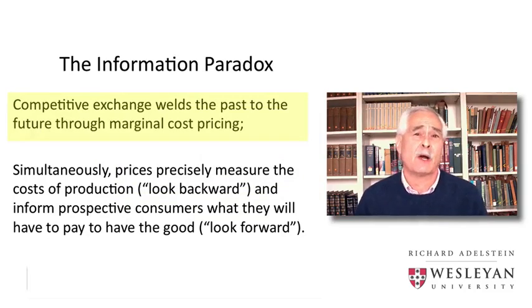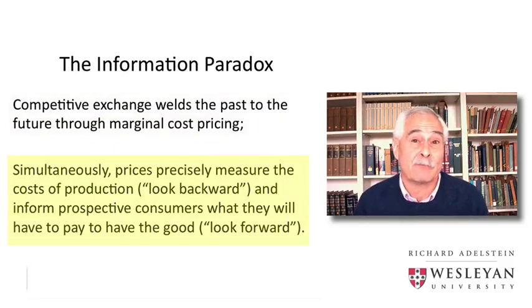All of this two-stage pricing creates a very serious problem for the criminal justice system, which I call the information paradox. Recall our discussion of competitive exchange and the way in which the price of oranges was driven down to the marginal cost of producing them, so that the price that a prospective consumer faces for the consumption of any given orange represents the sum of all of the costs that have had to be borne by all of the individuals who have contributed resources or property to the production of that orange and the making it available to the consumer.